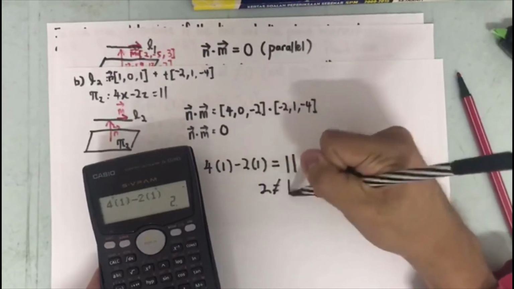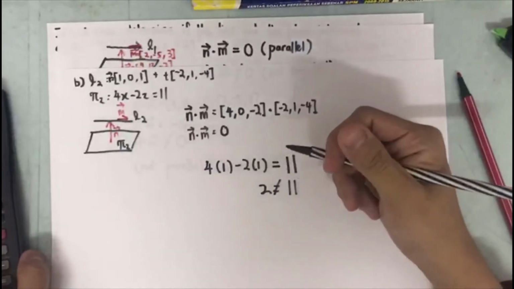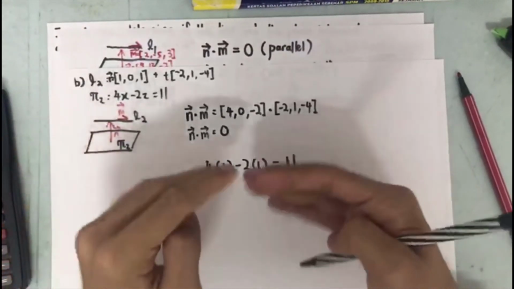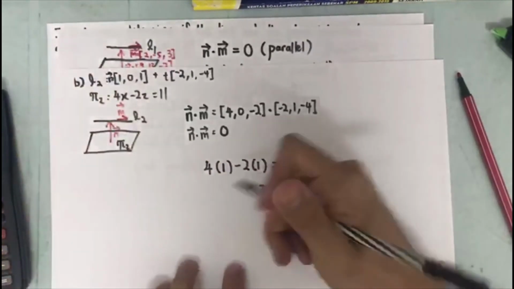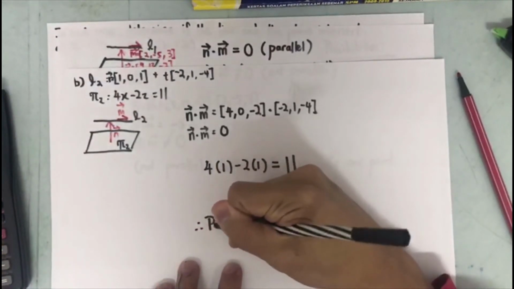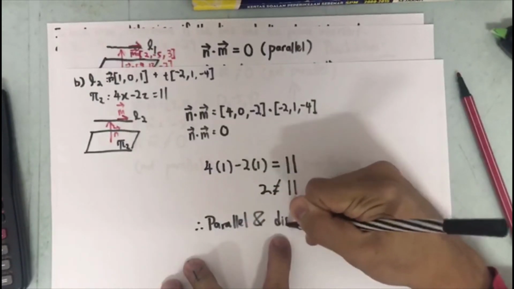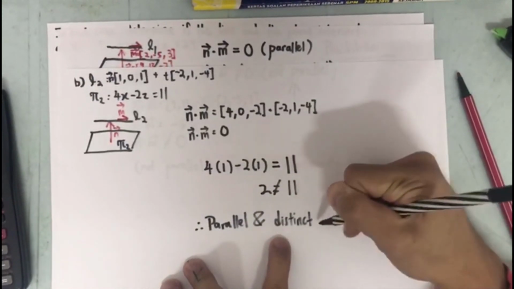So 2 is not equal to 11. Therefore, the point is not on the plane, and that means they don't share anything. Therefore, they are parallel and distinct.